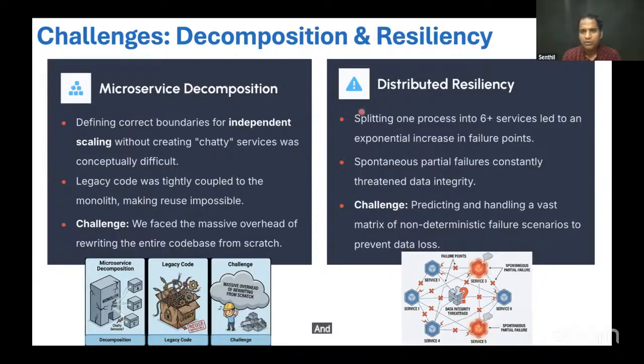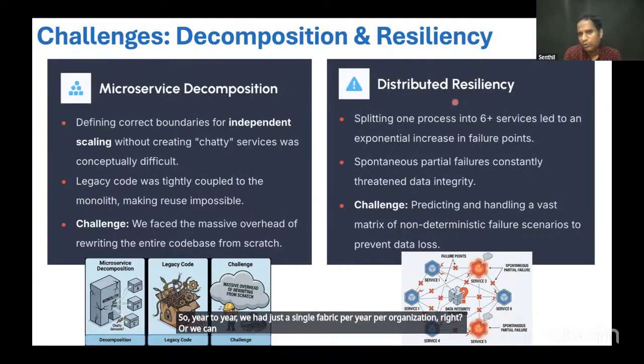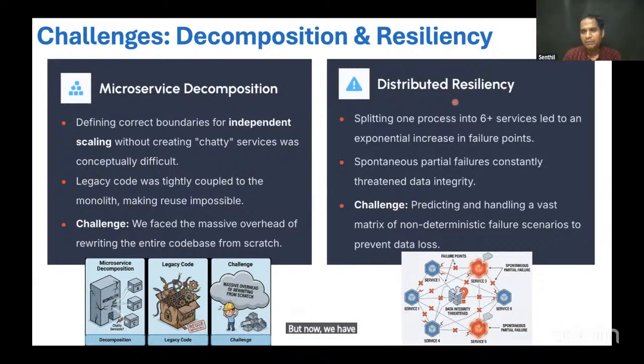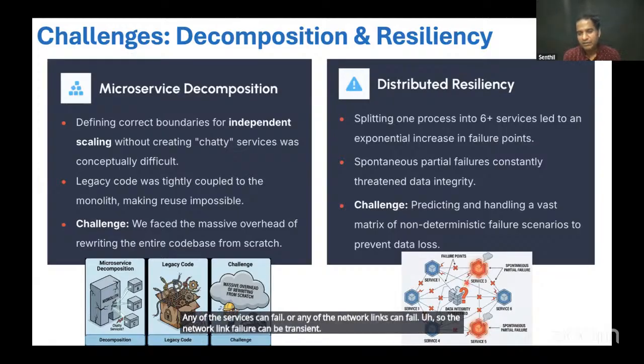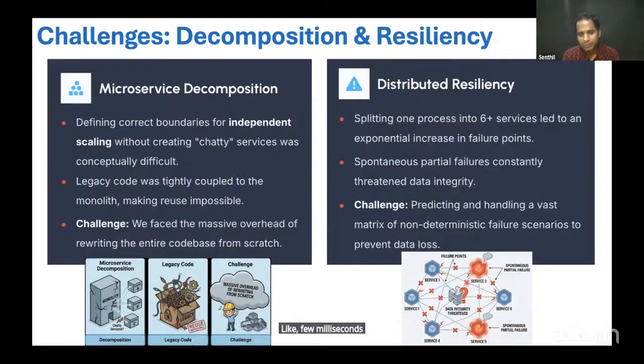And then the second one was with respect to resiliency. So earlier we had just a single Fabric peer per organization, right? Or we could have two or more peers as well. But now we have split the single peer into more than six services. So now failure and recovery become more complex because any of the services can fail or any of the network links can fail. The network link failure can be transient, like a few milliseconds, or it could be prolonged as well.